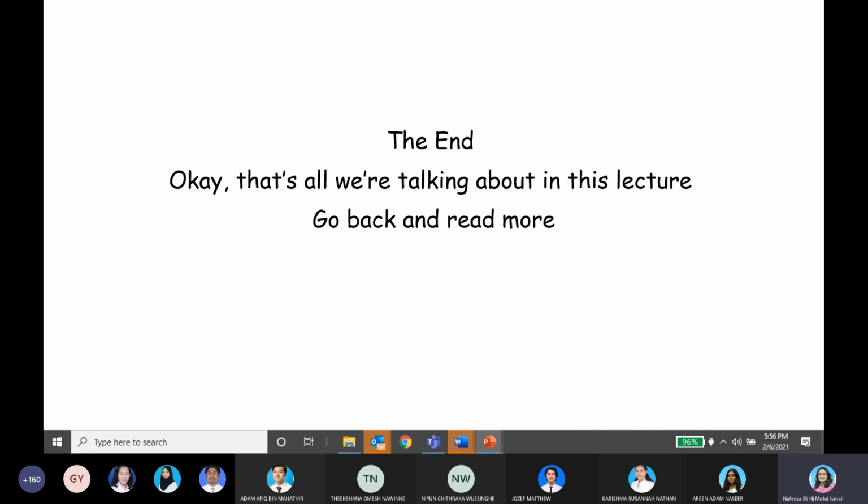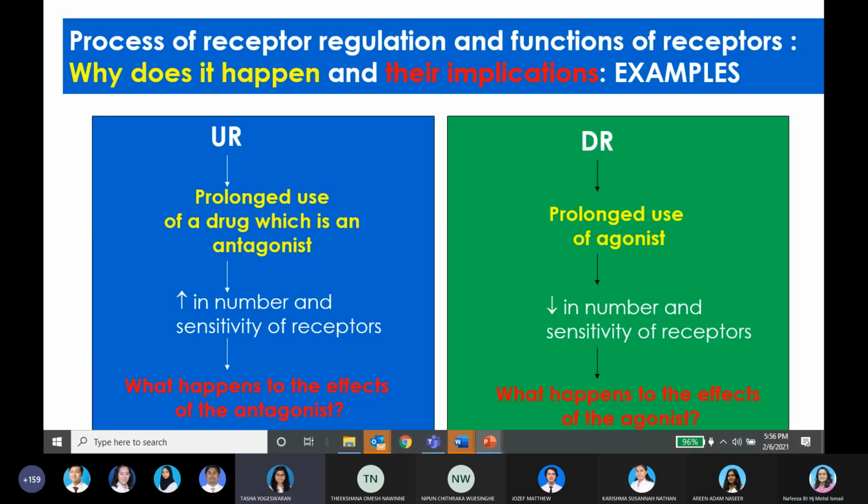Any questions? Doctor, we're discussing upregulation and downregulation, isn't it? If there's an upregulation with an agonist and a downregulation with an antagonist, would it still have the same results? What do you think? Prolonged use of an agonist, do you think the body will upregulate?